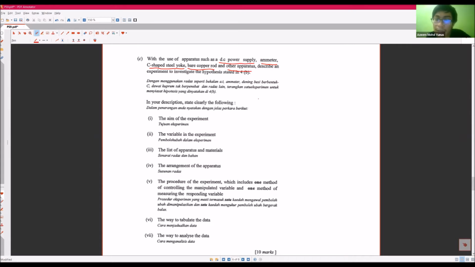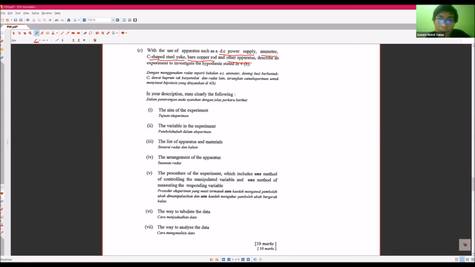But in this type of experiment, there are a lot of apparatus needed to make it functional. So we cannot limit ourselves to 5 anymore. We have to include all functional apparatus. So make sure that you list what they give first before you list the other apparatus that need to be functional. So describe an experiment to investigate the hypothesis.